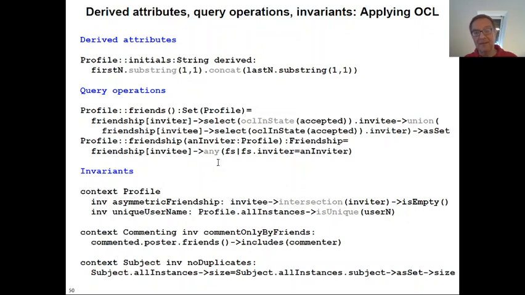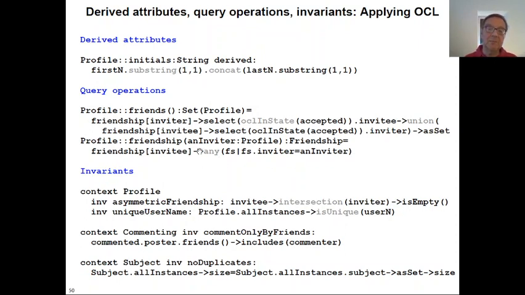Any is an arbitrary selection of exactly one object on the argument collection, and there can be only, due to a constraint considered later, at most one link object between two given objects. If there is one, then I select this link object with friendship.inviter equal to inviter, which is the parameter.